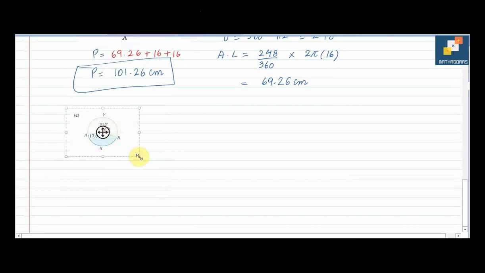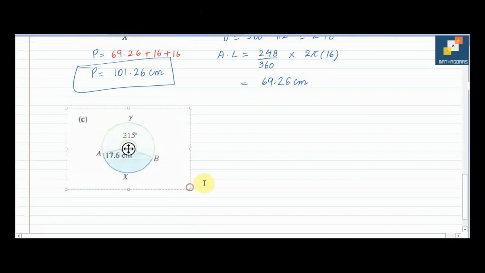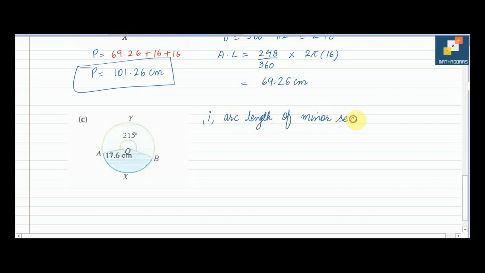So now you have done two questions with me. I expect that you can do this question by yourself. First thing, you need to find the arc length of the minor sector. You know the working formula, it's angle.